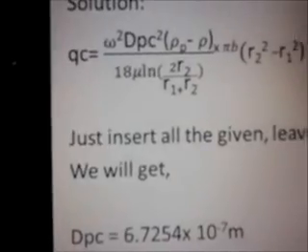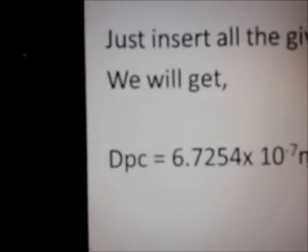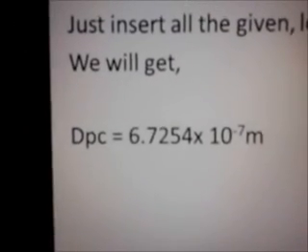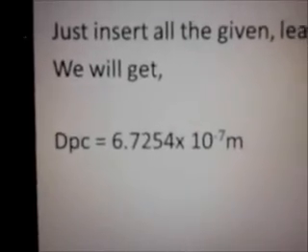So just insert all the given, leaving the dPc unknown. So we'll be able to get the value of dPc to be 6.7254 times 10 to the negative 7 meter.